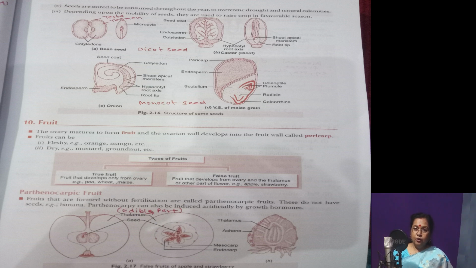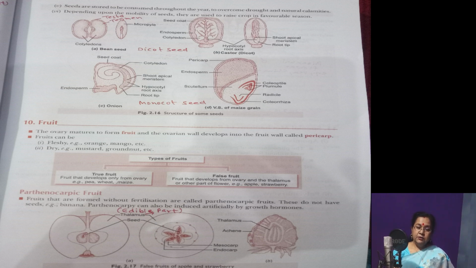These fruits are called parthenocarpic fruits. For example, banana. Sometimes banana, grapes and others can be grown by inducing growth hormone artificially. So the parthenocarpic fruits are developed like that.